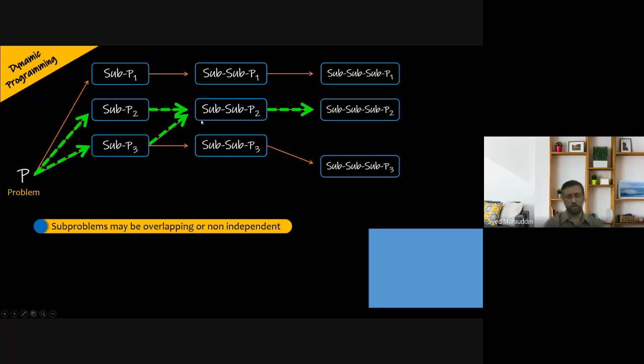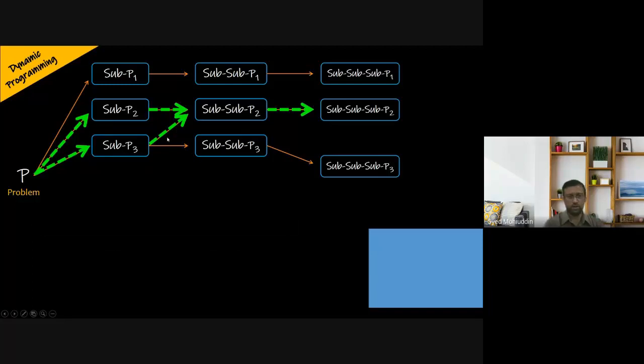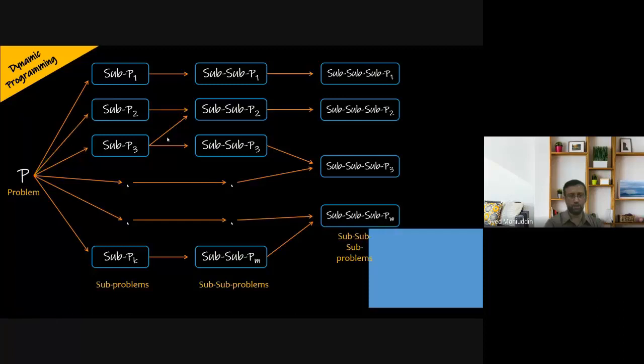But if we have two arrows, you look at this place, we have two arrows going to sub-problem P2 from sub-problem P2 and sub-problem P3. That means the sub-problems can be overlapping.